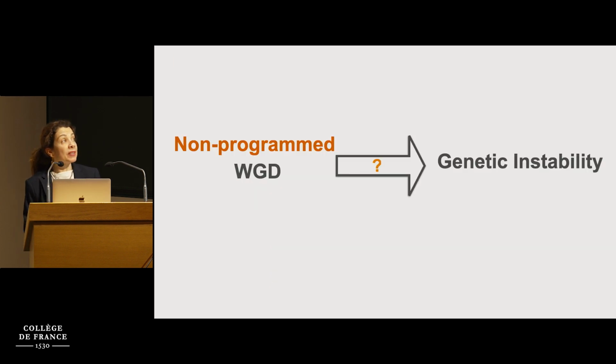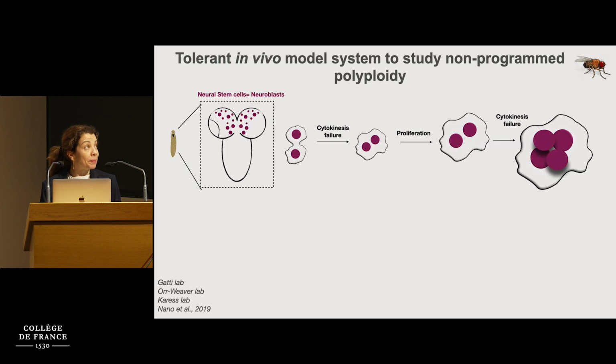So the question we became interested in a few years ago is to understand how non-programmed whole genome duplication can lead to genetic instability and maybe be causative of tumor development or progression. We fell into this completely by chance when a student in the lab was working with neural stem cells from the fly brain.